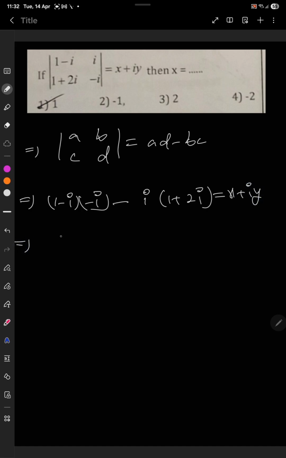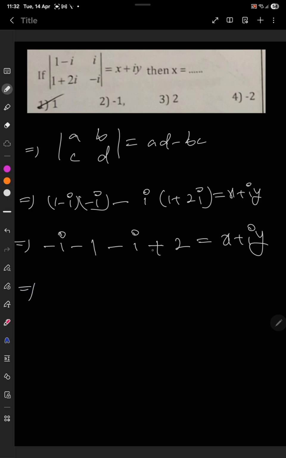By simplifying, (1 minus i) into i, that is i, minus into minus plus i square is minus 1. By multiplying with minus i, we get minus i minus 2i square, that is equal to x plus iy.